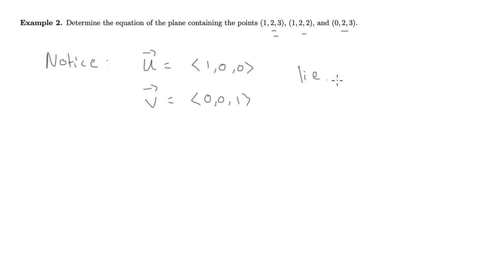Both lie in the plane. So we can take the normal vector, u cross v, which will be orthogonal to the plane.